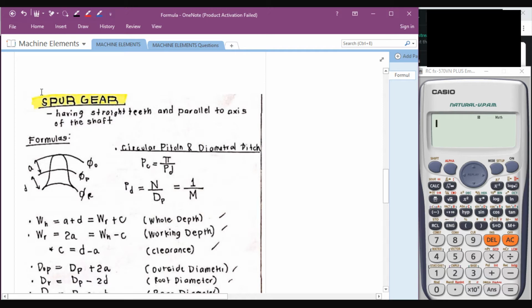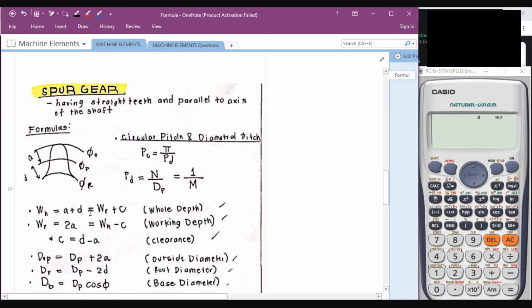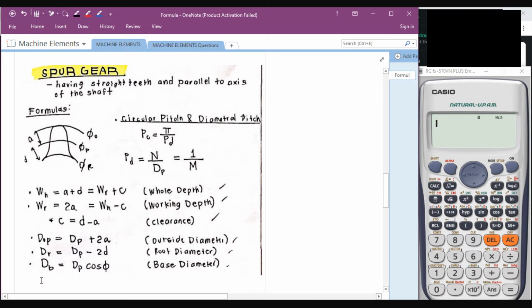Now, from here up to here, okay? The outer boundaries, this is the outside diameter. The pitch diameter is in the middle, and then the root diameter.